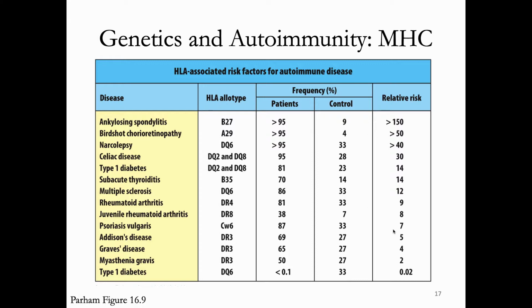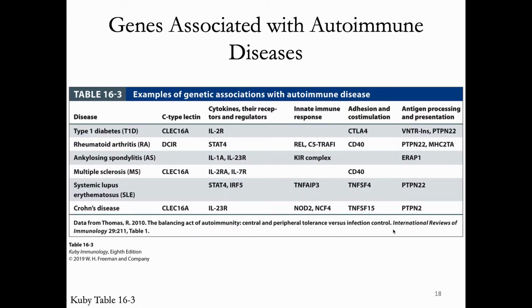These are not the only genes associated with autoimmunity. So these are some of the other genes that are associated with autoimmunity. What you can notice is that they fall into some categories that make sense. There are some genes that are involved in antigen processing and presentation. That would make sense. If you process antigens a little bit differently or present antigens a little bit differently, you could process and present self-antigens, whereas other people didn't. You can see that adhesion and co-stimulatory molecules are places where we see genetic differences related to autoimmunity.